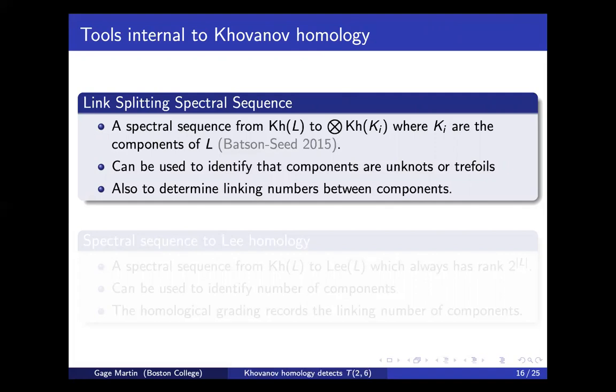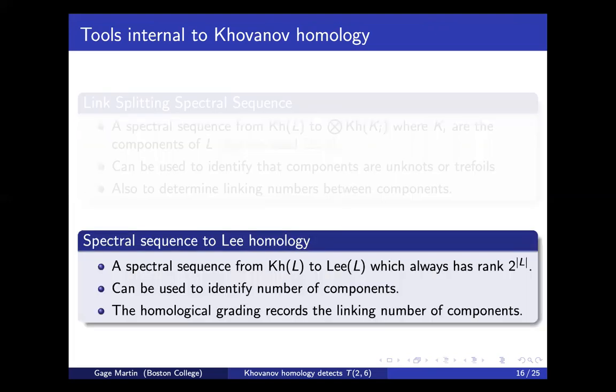That's why it's called a link splitting spectral sequence. This can be used to identify when you have components of your links that are unknots or trefoils, because Khovanov homology detects these knots. And it can also be used to determine the linking number between components of your link.